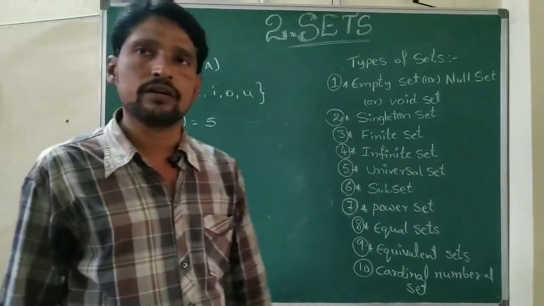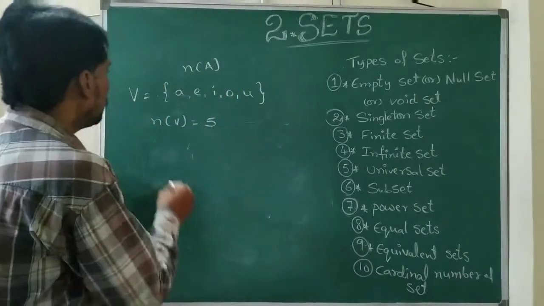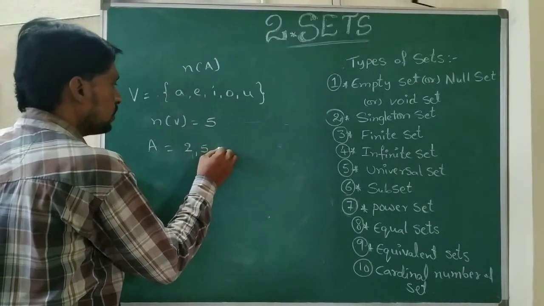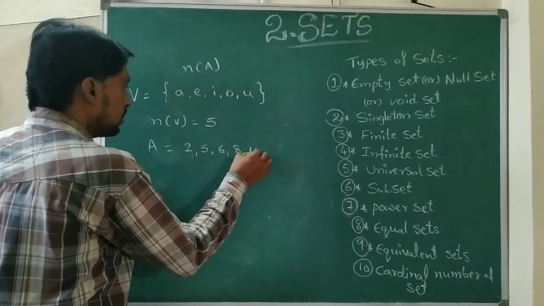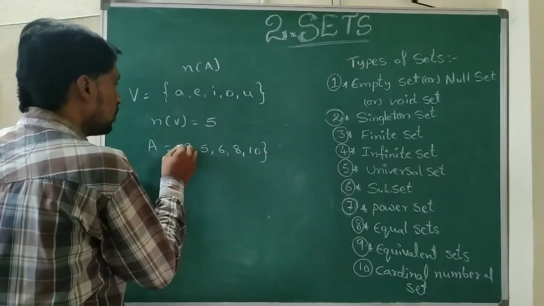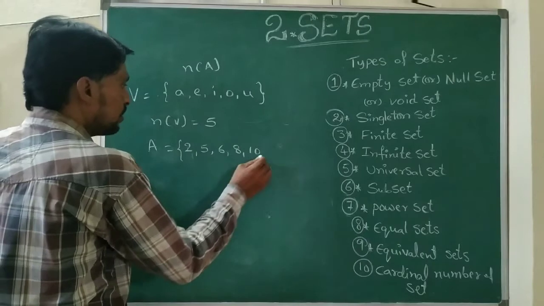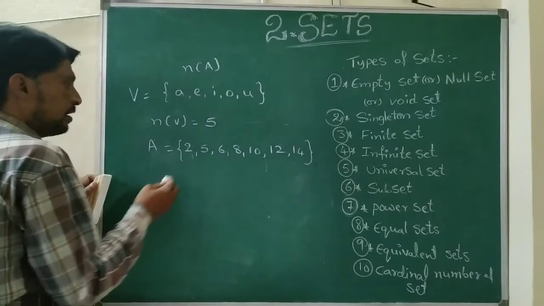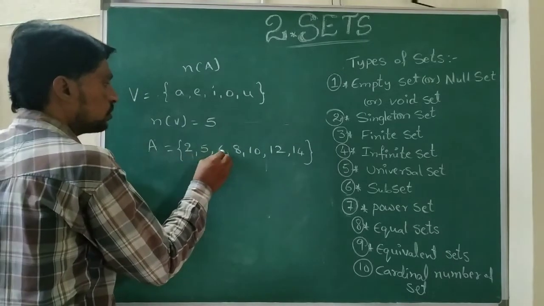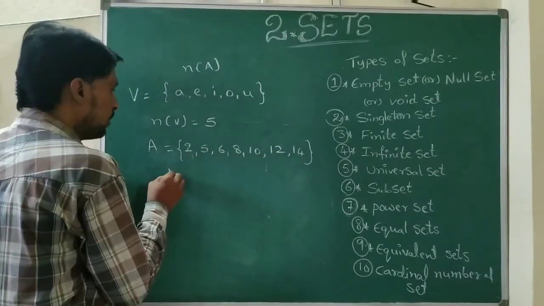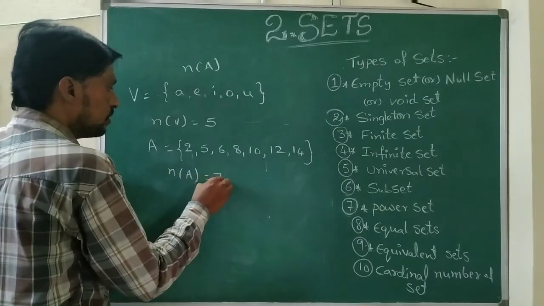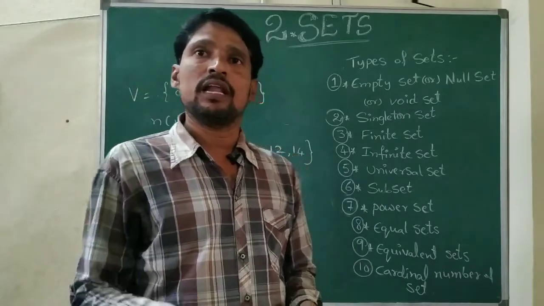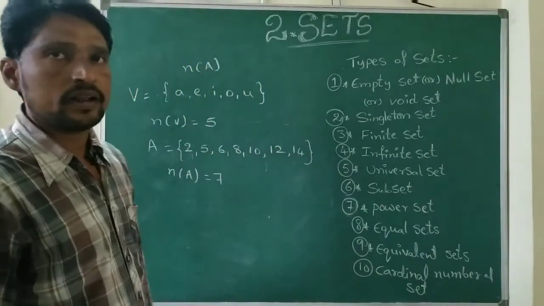One more example: A equals 2, 5, 6, 8, 10, and so on. How many elements? 1, 2, 3, 4, 5, 6, 7. So n of A equals 7. The number of elements in the set is called the cardinal number of the set.